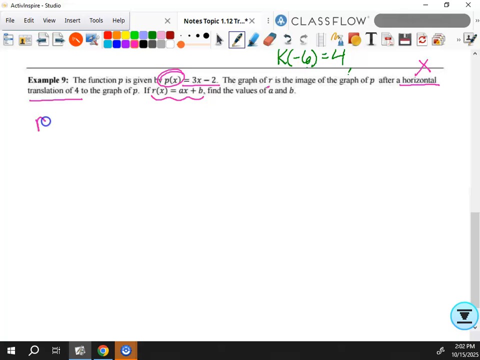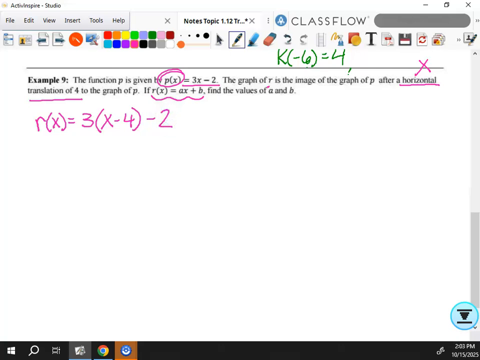So my R of X will be 3 times X something, right? If I have a horizontal translation of 4, what's going to go in there with the X? Negative 4. I'm going to subtract 4. Yes. It's a translation, and it's a positive 4, so X is a liar. We make it a negative 4, and then still just this minus 2.